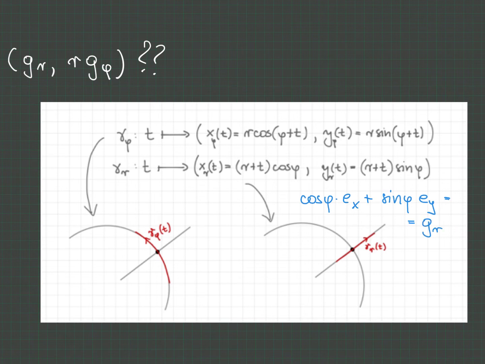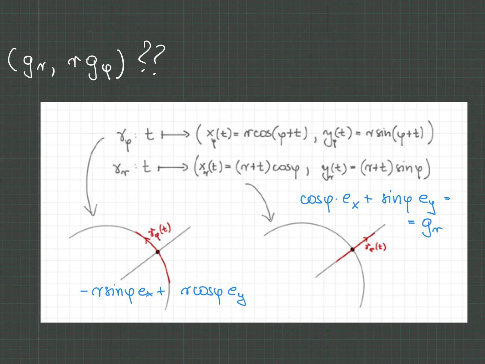This is a vector which is tangent to the coordinate curve when the parameter of the curve changes in the same way as the coordinate changes. But if I do the same for coordinate phi, so I consider this curve and I change phi, what I get is the following vector: minus r sine phi ex plus r cosine phi ey. So this is the second vector of the new basis that I need.